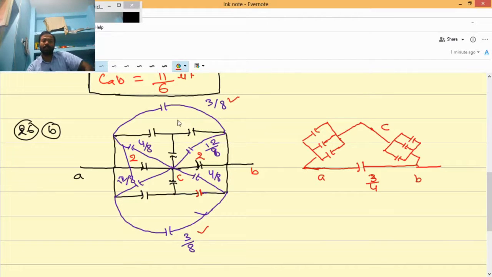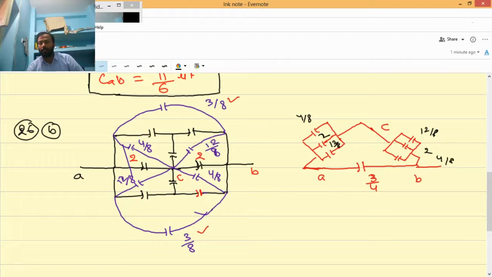So now we will again change our color so that we can represent the terms there. One is here, 4 upon 8. This value is 2, so we will have 2 there. And again it is 12 upon 8. Similarly here it is 12 upon 8, another is just 2, and one more is 4 upon 8.